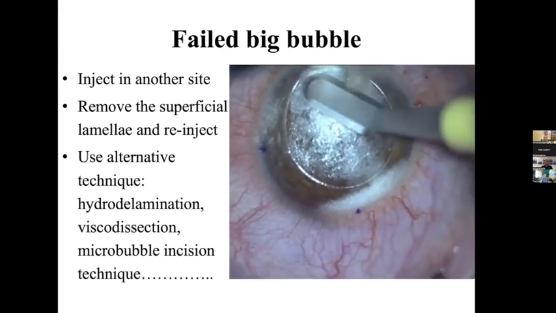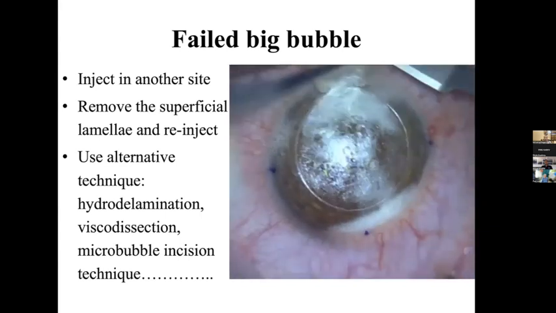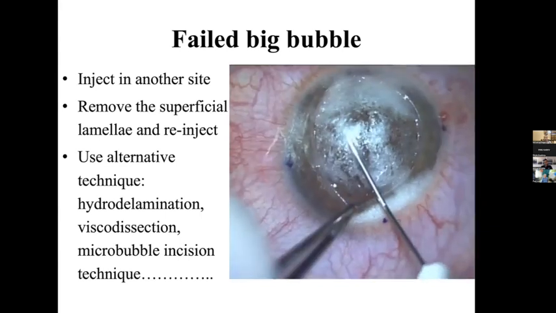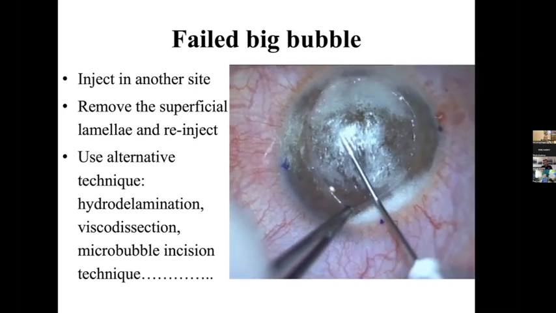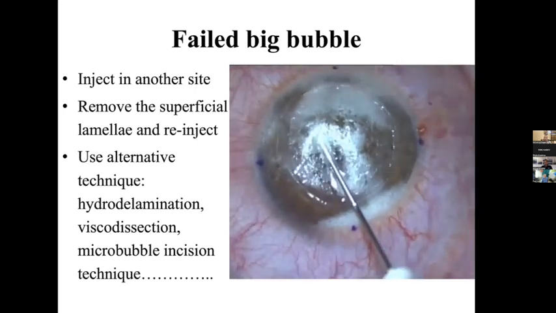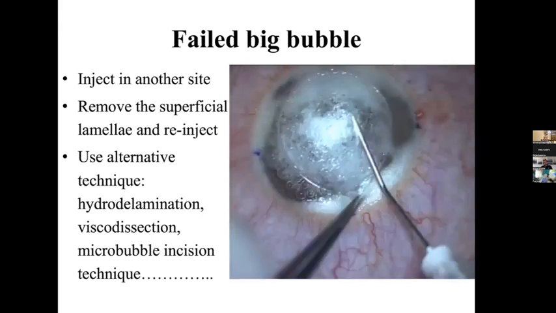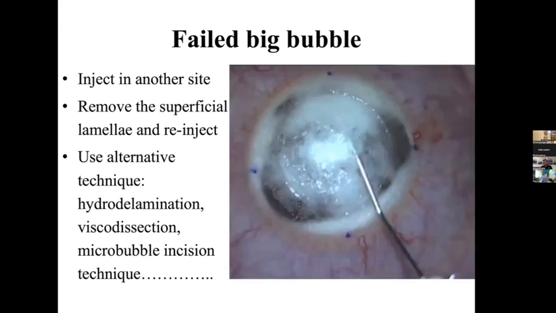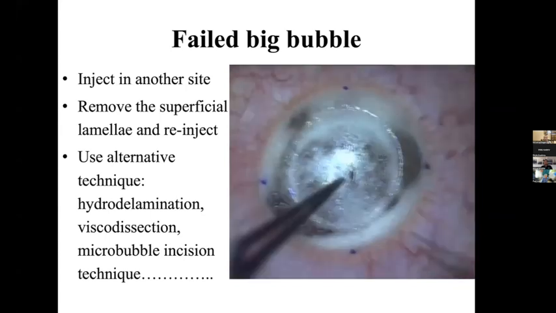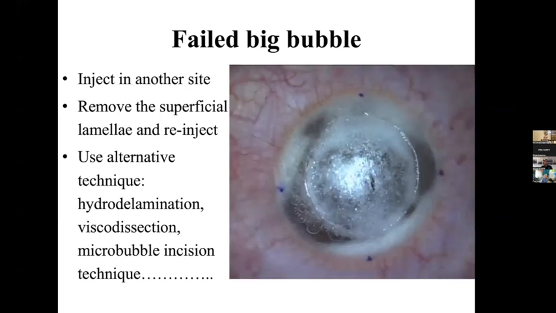So here we are using a 27 gauge insulin syringe, insulin needle. This is the 6th or the 7th injection. And now the 8th injection, you will find that the big bubble formed, and you can continue your technique. So after 8 injections of air, finally, you may have a big bubble.